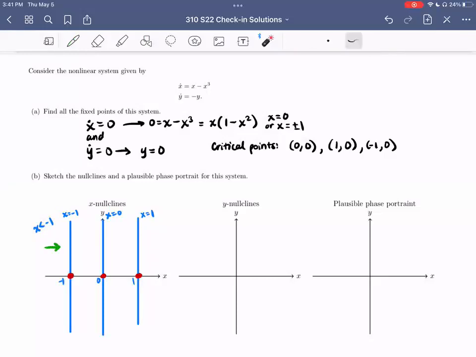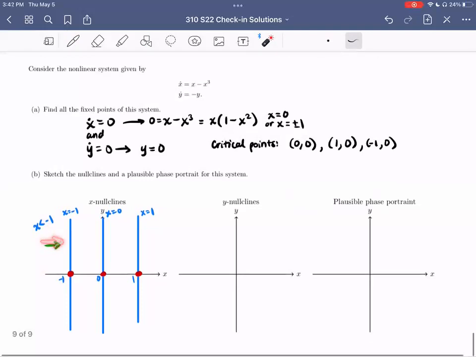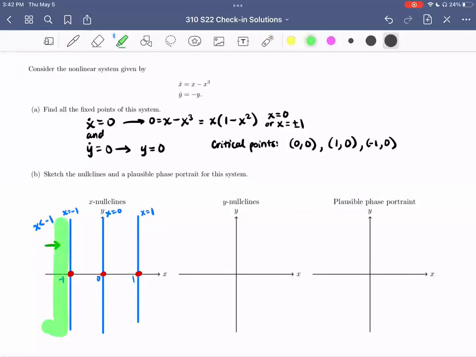We don't know whether our trajectories are going to the right and down, or to the right and up. But we know that they are going to the right in general. Let me just shade this region because it's this entire region where x dot is positive.